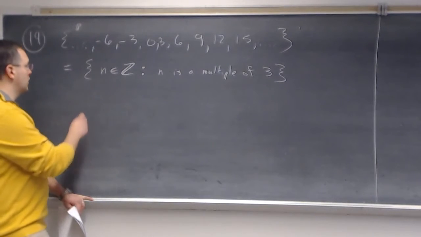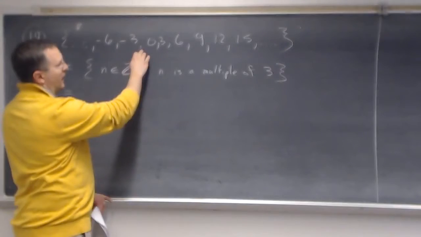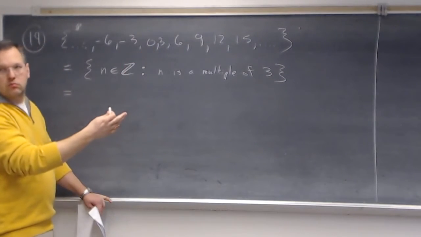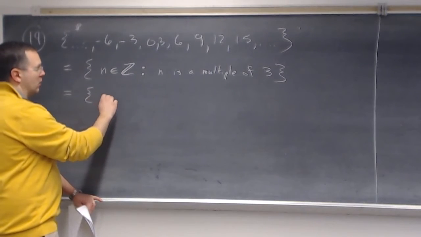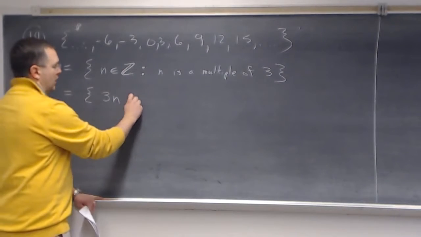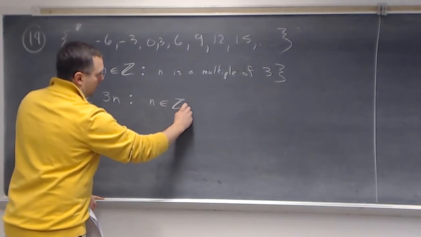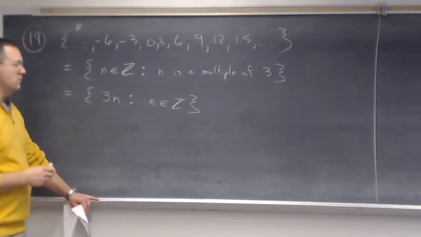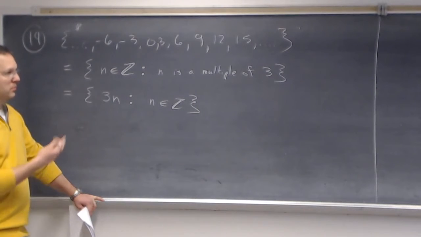Sure. Every single thing in here looks like 3 times an integer. So your arbitrary object in here looks like 3n, where n is an integer. It's another way of writing it, but both of them are correct.